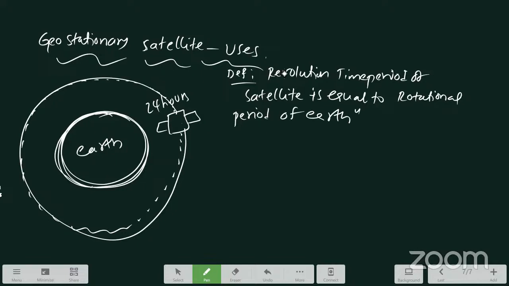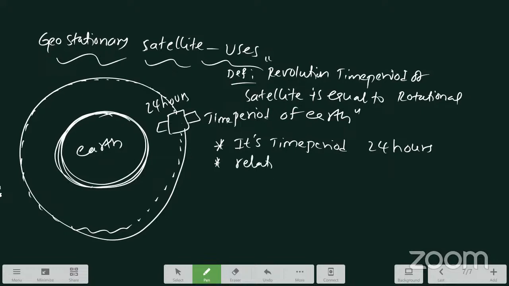Revolution time period of a satellite is equal to the rotational time period of Earth. That is a geostationary satellite. Next point, its time period is 24 hours. Relative velocity with respect to Earth.